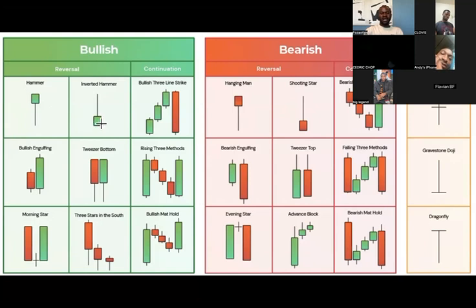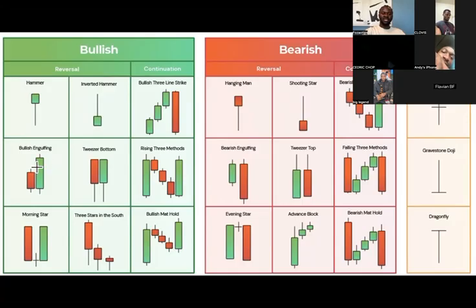And the inverted hammer is also a potential bullish reversal candlestick pattern that happens towards the bottom of a downtrend, or at the bottom of a downtrend, and it signifies a potential reversal in the market.